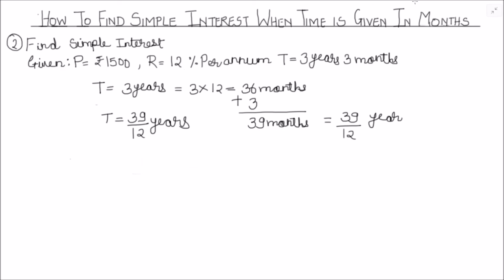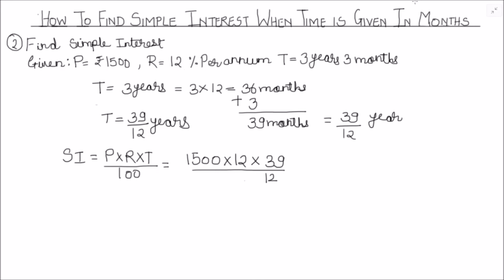Let us now put these values in the formula for simple interest, which is equal to principal times rate times t divided by 100, where rate is in percentage. So our principal amount is 1500, rate is 12% per annum and time period is 39 divided by 12 years divided by 100.